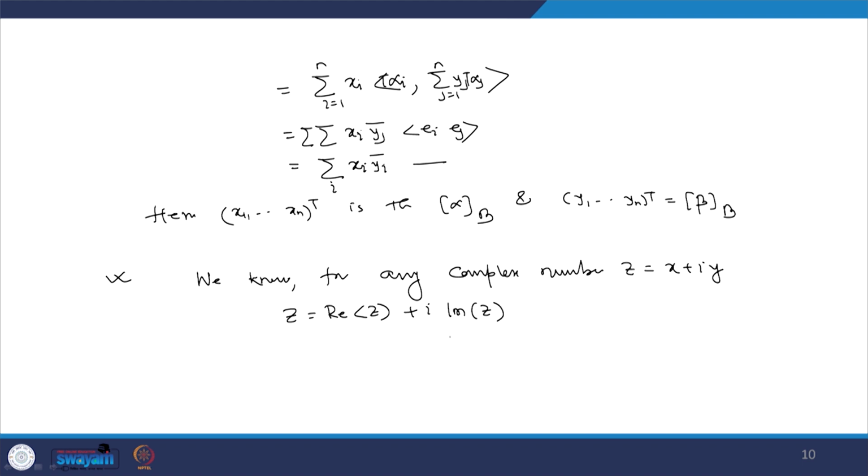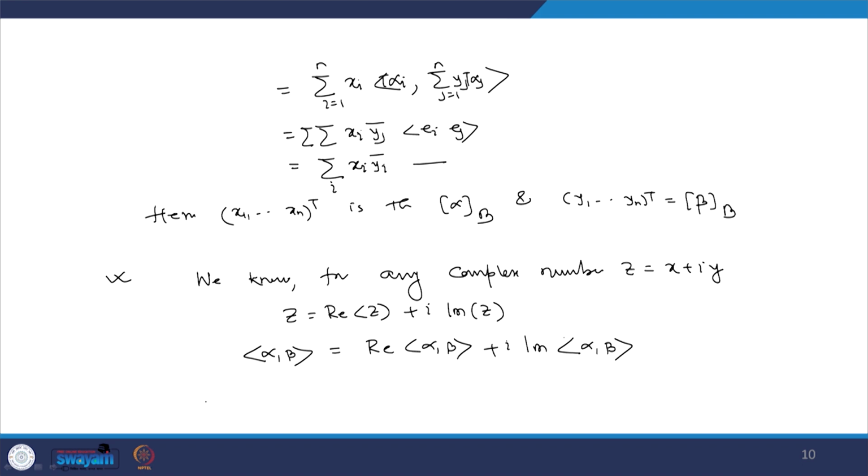Similarly, for any inner product of alpha, beta over the complex field, this will also equal the real part of the inner product plus i times the imaginary part of the inner product of alpha, beta.